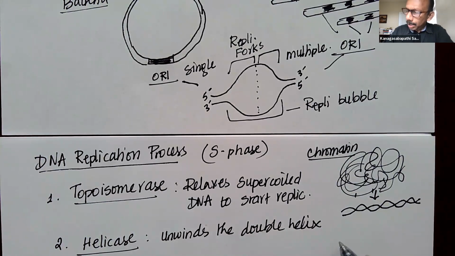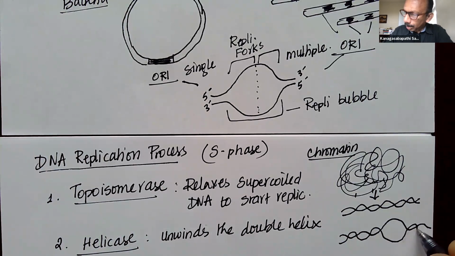So when it unwinds a double helix, this is where the DNA opens up like this, and that's where you create this replication bubble. Okay.